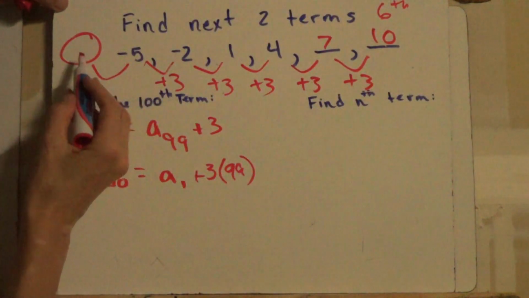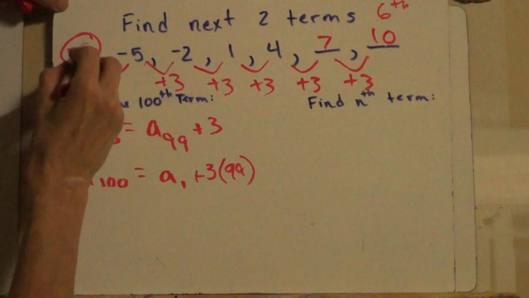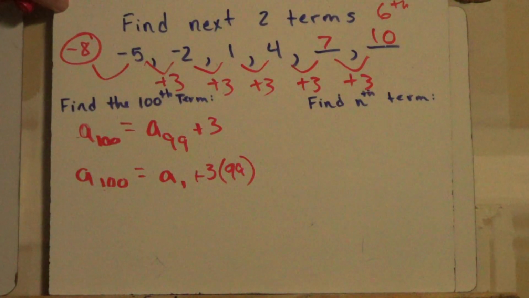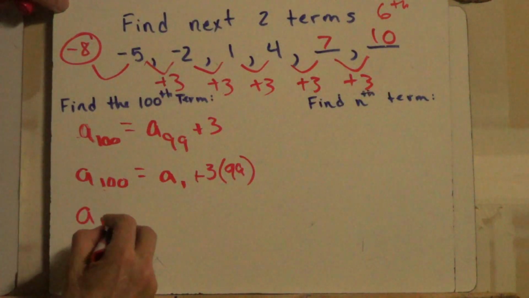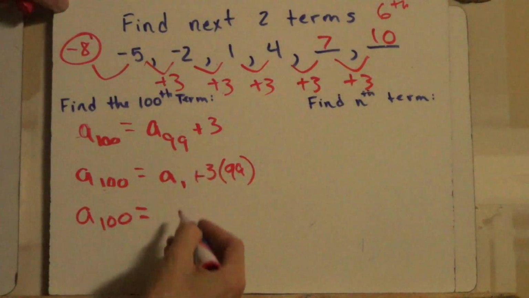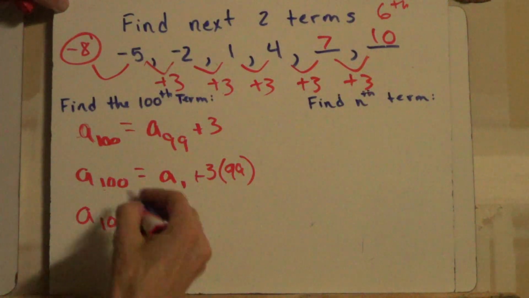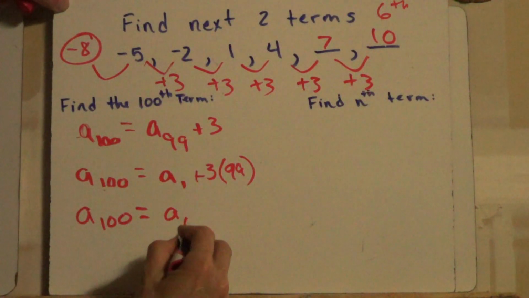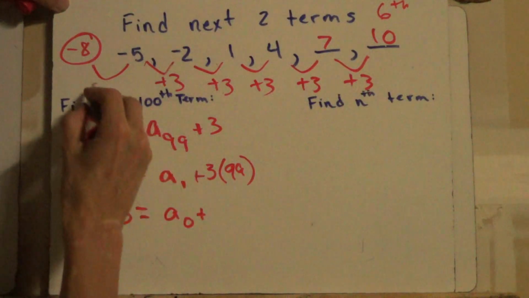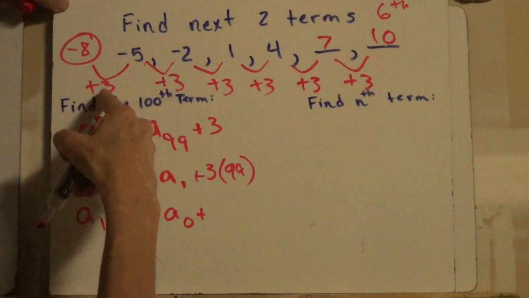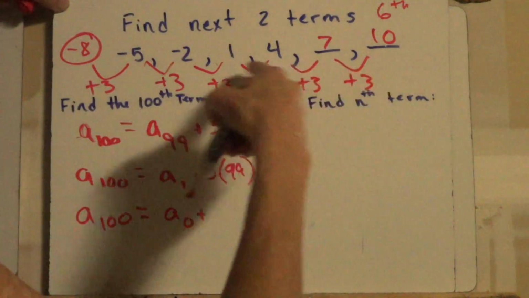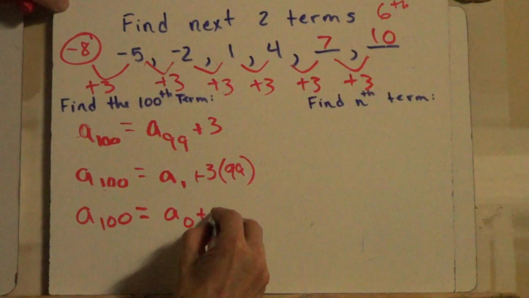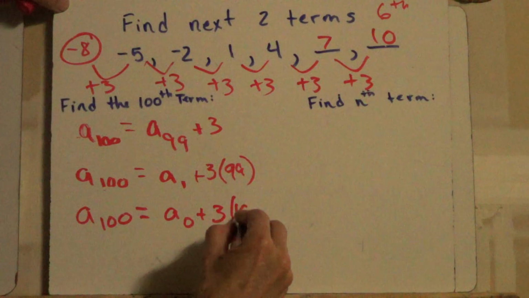That means we need to figure out what plus 3 is -5. Would be -8. And then if we go to the 0th term, we don't have to put it in here because we're writing our function rule, but if it's the 0th term, then we do have the same number of this pattern as it is the term number. So it would be 3 times 100.